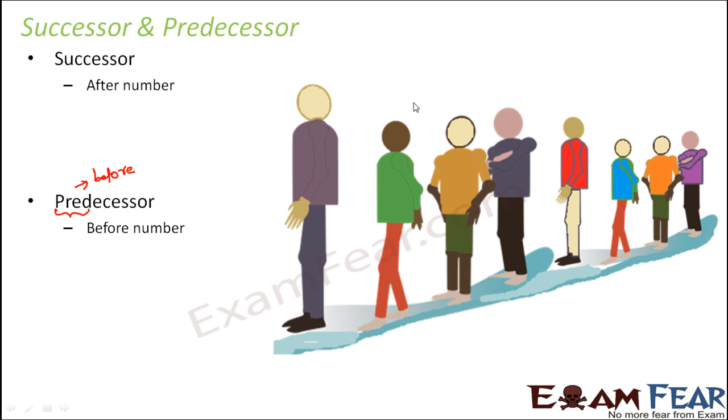So this green boy is successor of the purple boy because the green boy is present after the purple boy. So green is successor of purple. So this is green and this is purple.